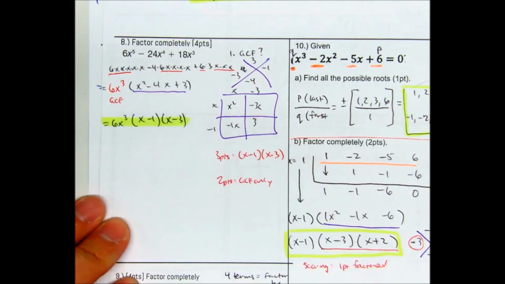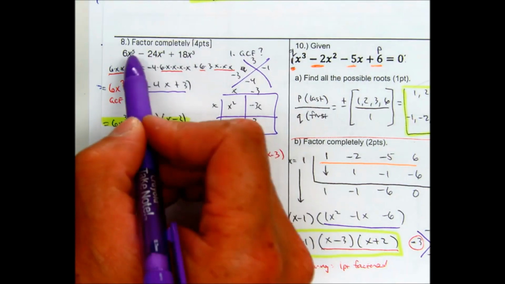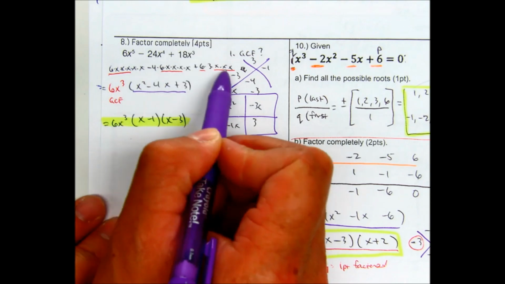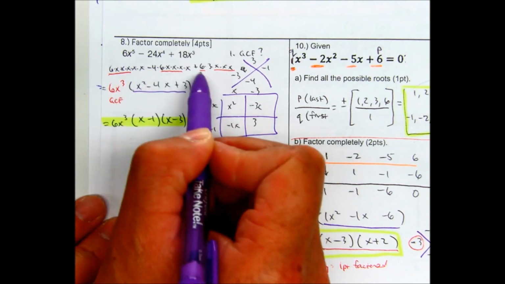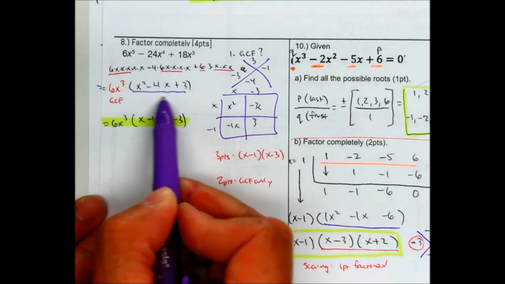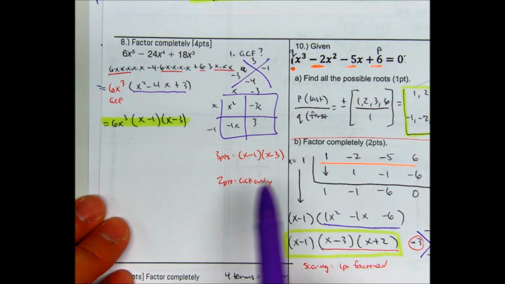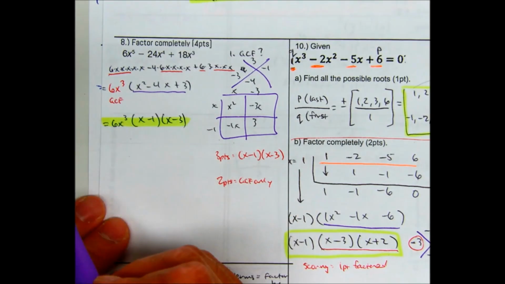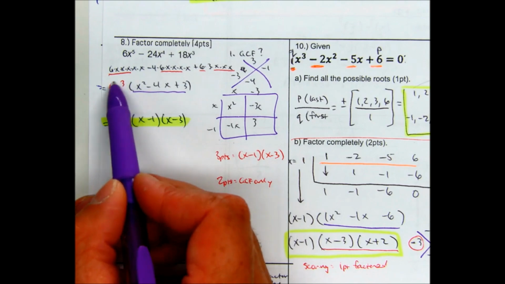Remember, if you expand them all out, 6x to the 5th, there's 5 x's, 4 x's, 3 x's. You'll notice that they have a 6 and 3 x's as greatest common factor. If you got to this point right here, then I gave you, I think, 3 points off. You got a 2 if you found just a common factor.